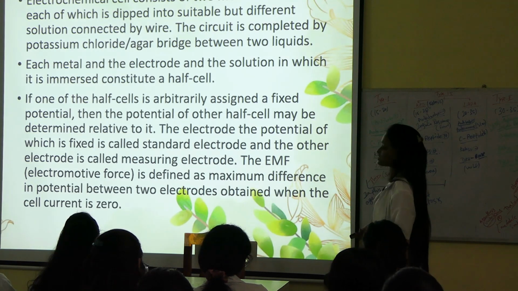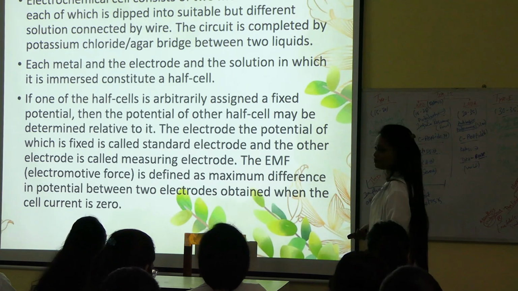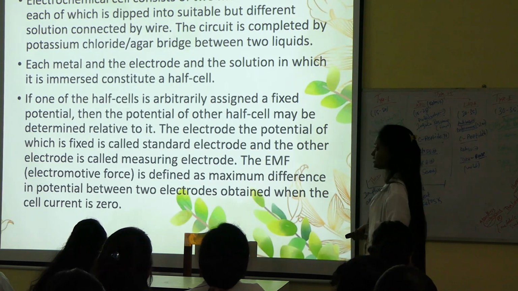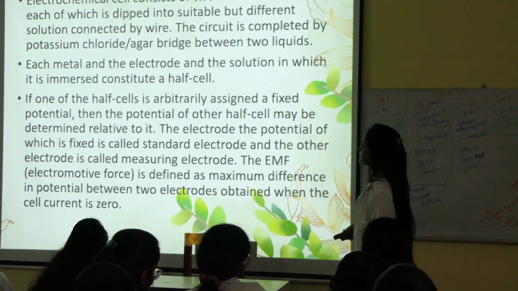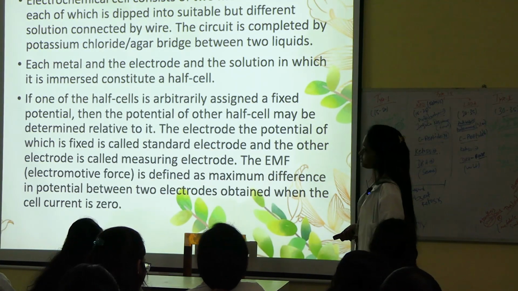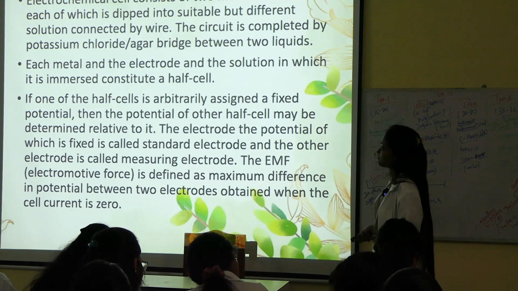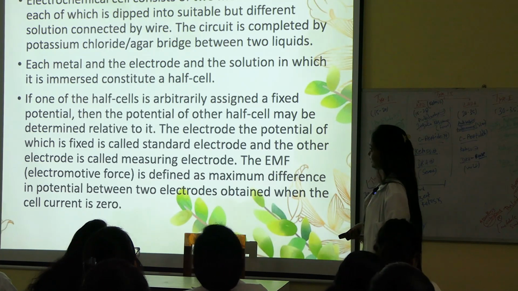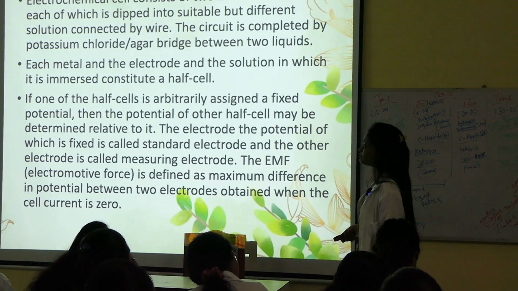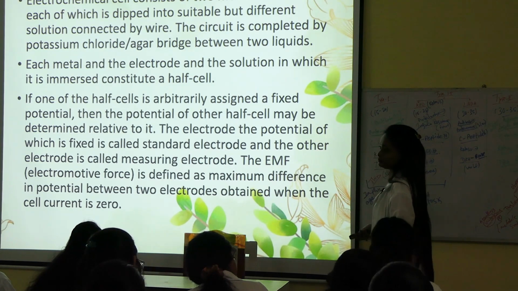Electrochemical cell consists of two metal electrodes, each of which is dipped into suitable but different solution connected by wire. The circuit is completed by potassium chloride or agar bridge between two liquids. Each metal electrode and the solution in which it is immersed constitute a half cell.